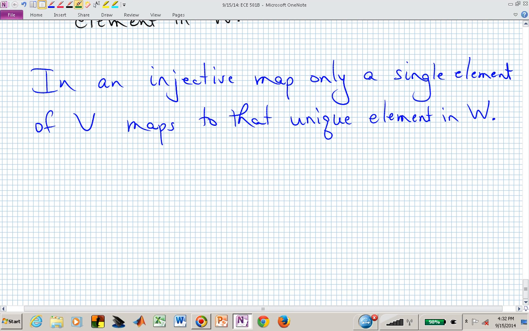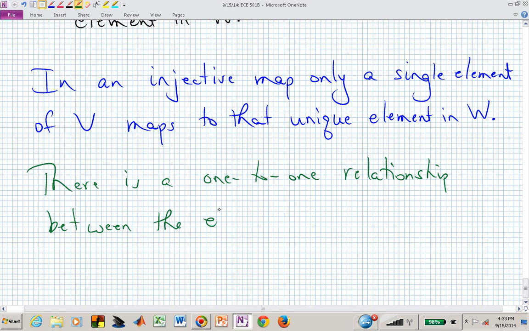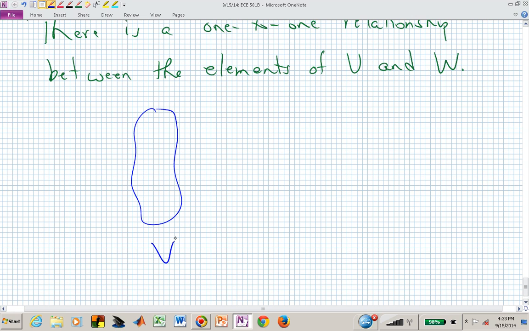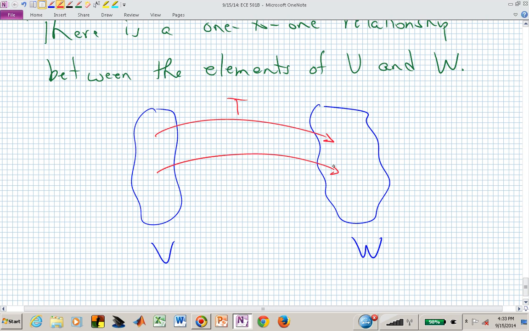And I like to draw a picture. There is a one-to-one relationship between the elements of V and W. Meaning if we had V over here and W over here, then if we map with T, if we start there, we're going to end there.